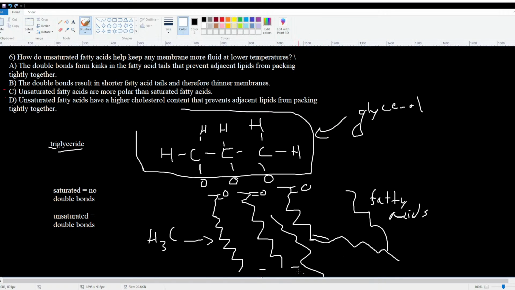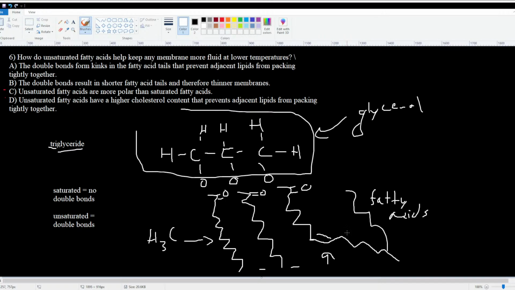So we have another fatty acid. It's not going to be able to tie together like that. So these represent fatty acids, of course. It's not going to be able to pack tightly together. So anyway, the question is asking, how do unsaturated fatty acids help keep membranes more fluid at lower temperatures? Going back to this, why is it fluid at lower temperatures?